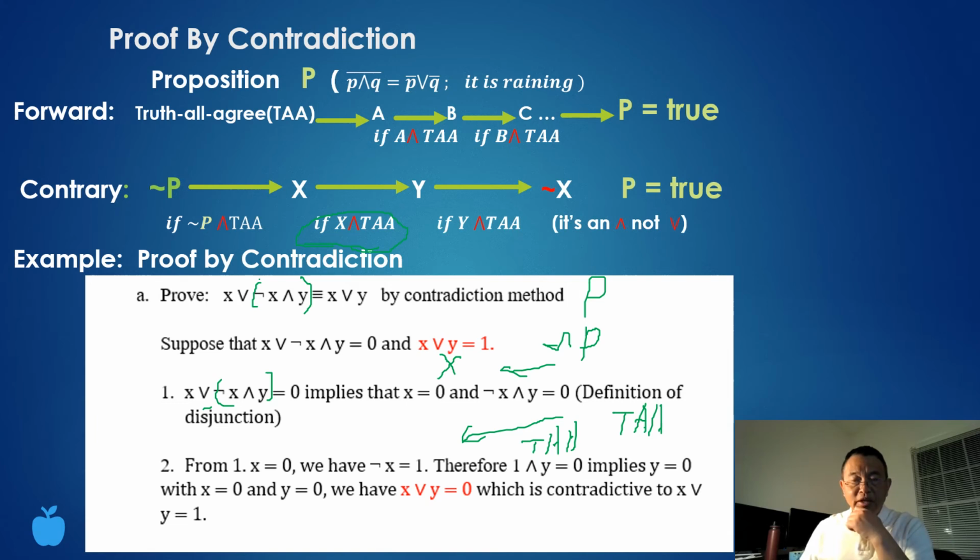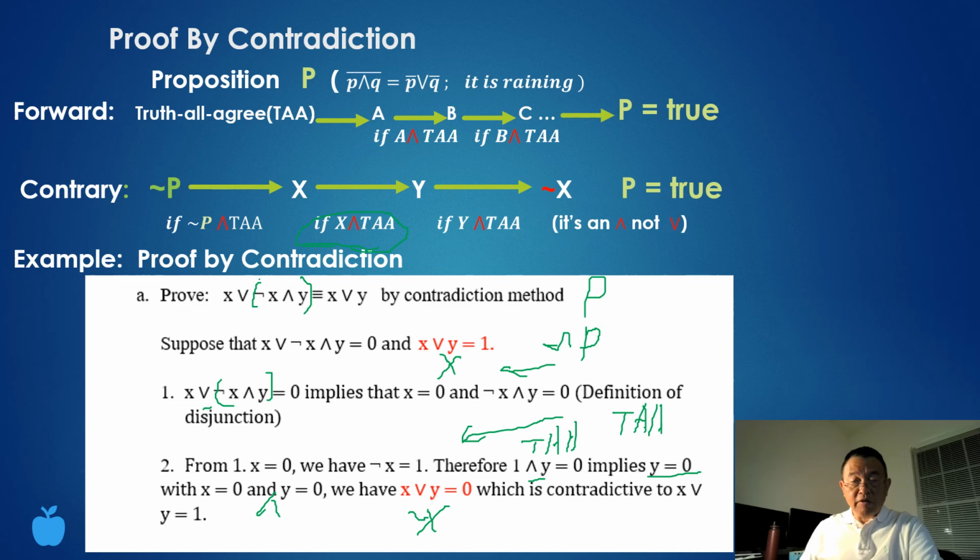Important here is the AND between these. So this is the AND, and this is true, which implies Y equals 0. That's an AND there, and you derive another conclusion from here. And then here is NOT X.